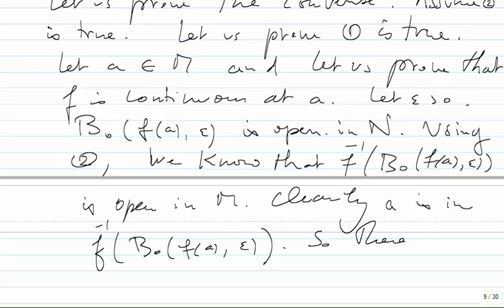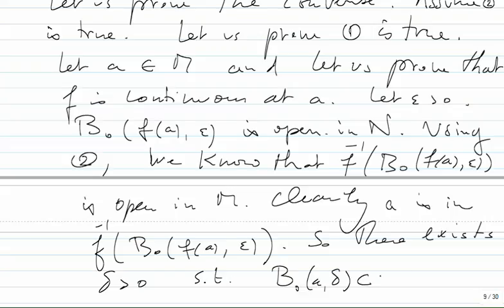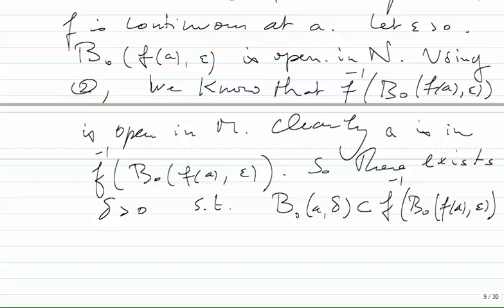Because it is open, there exists delta positive such that the open ball centered at a with radius delta is in f inverse of the open ball centered at f of a with radius epsilon. It is easy to check that this delta works in the definition.